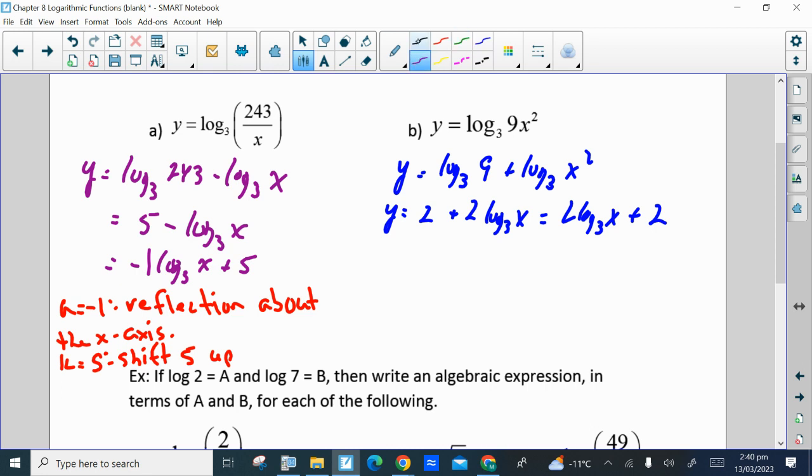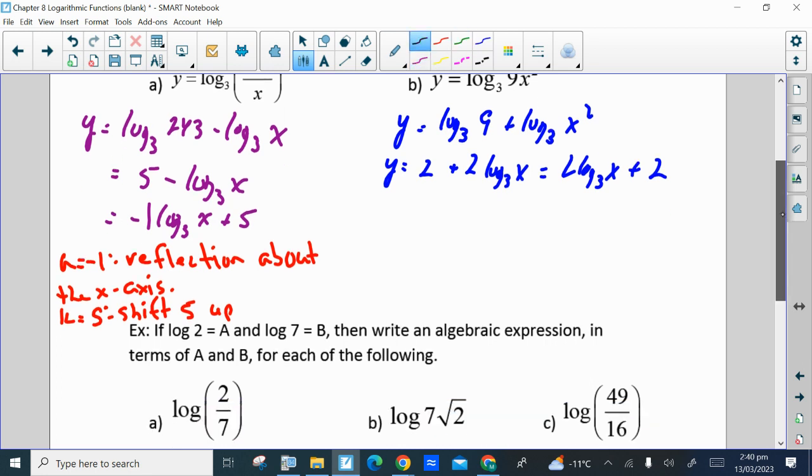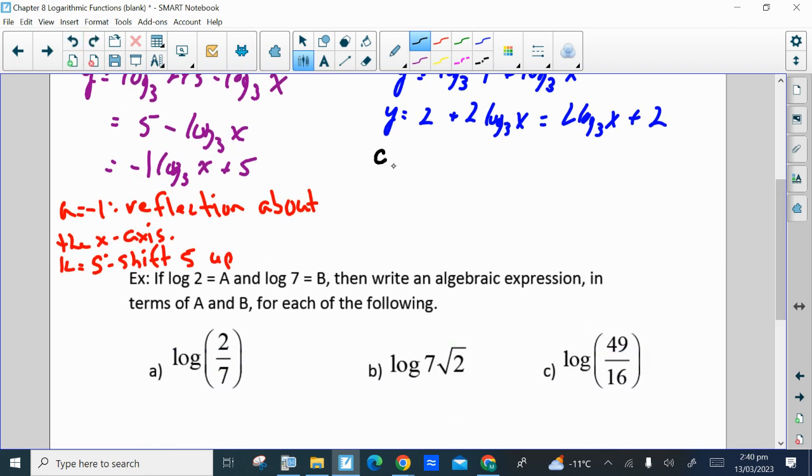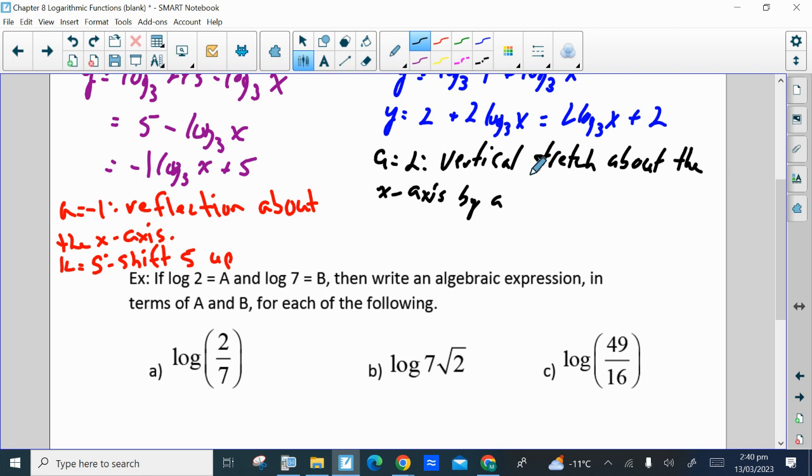So in this case here, we have an a value of positive 2, which means the graph is going to be vertically stretched about the x-axis by a factor of 2.